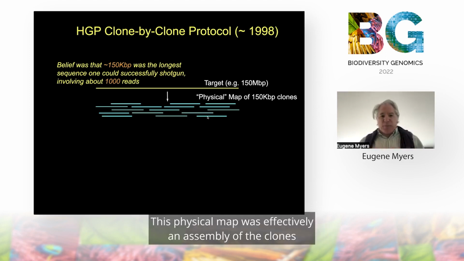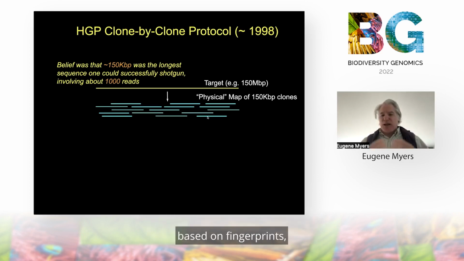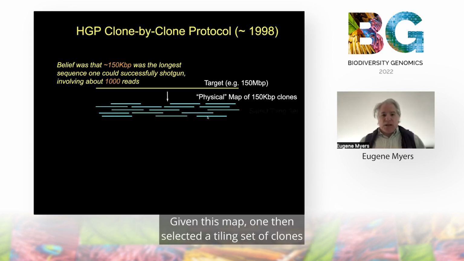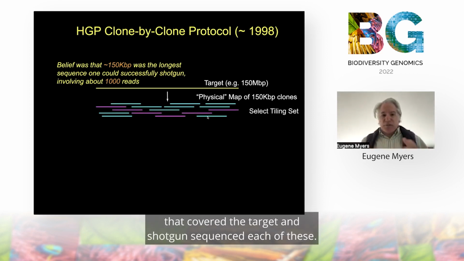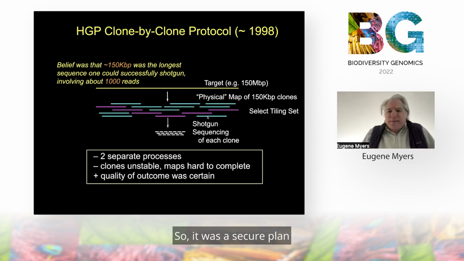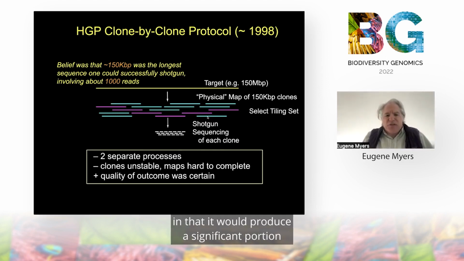This physical map was effectively an assembly of the clones based on fingerprints, such as restriction maps of these clones. Given this map, one then selected a tiling set of clones that covered the target and shotgun sequenced each of these. So it was a secure plan in that it would produce a significant portion of the target.